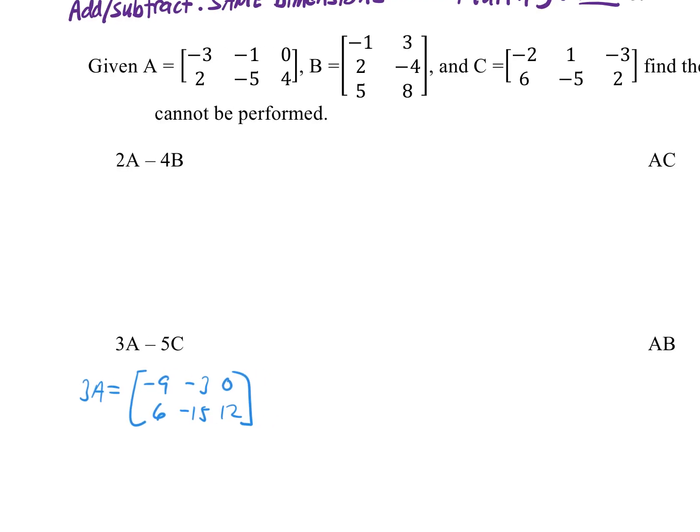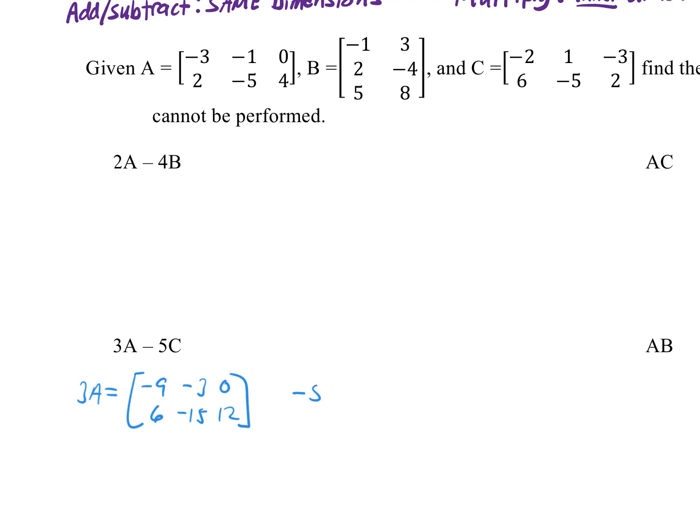And then we also want to know what negative 5C is. And so when you multiply every single thing in C by negative 5, you should get 10, negative 30, negative 5, 25, negative 10 and 15.